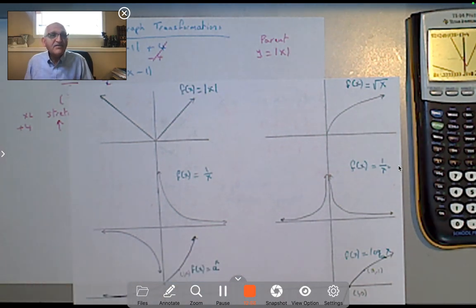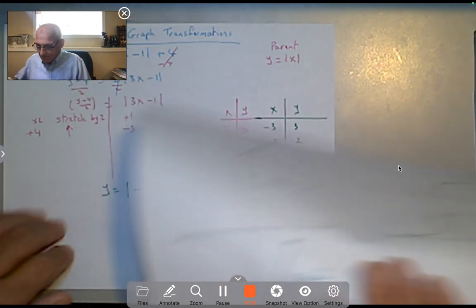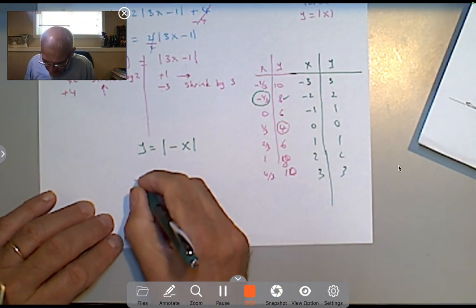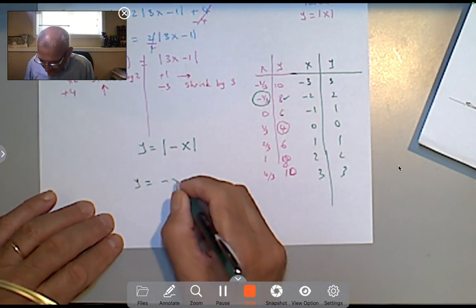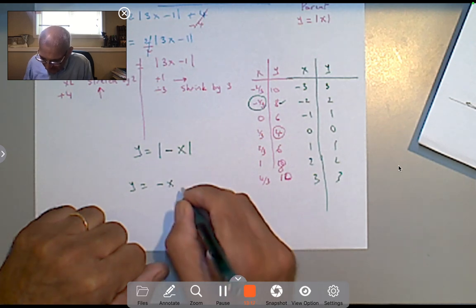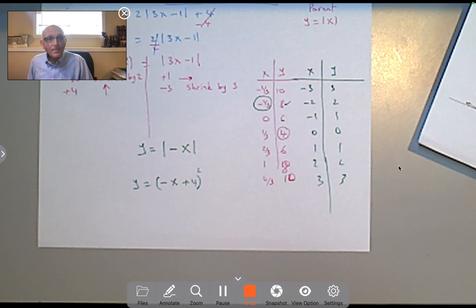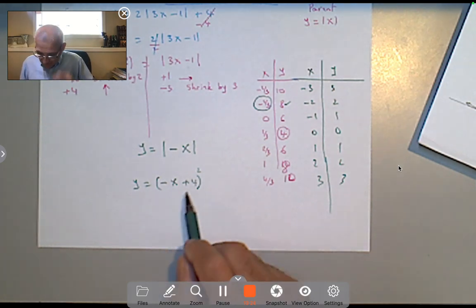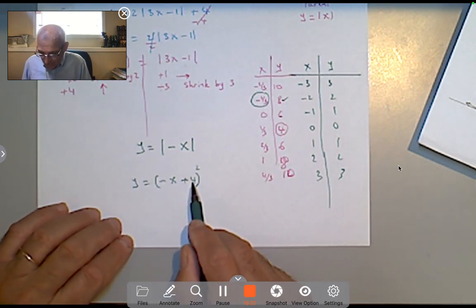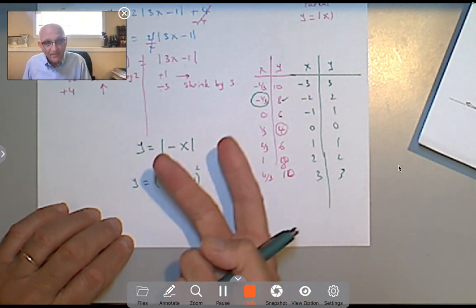Same thing happens if I have even functions. Like if I say what is y equals negative x plus 4, quantity squared. Some people will tell you, okay, first of all, I have to subtract 4 and then rotate about the y.